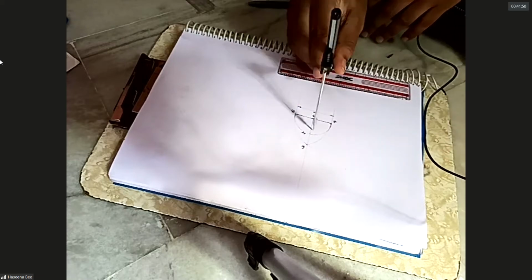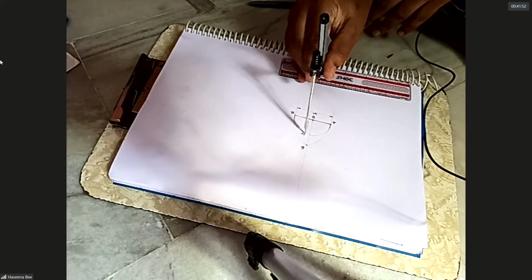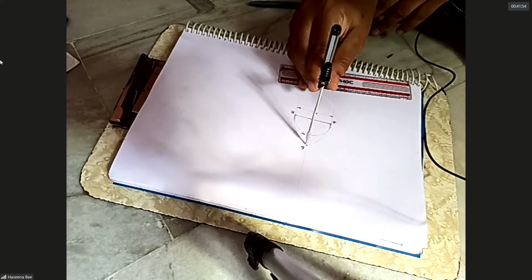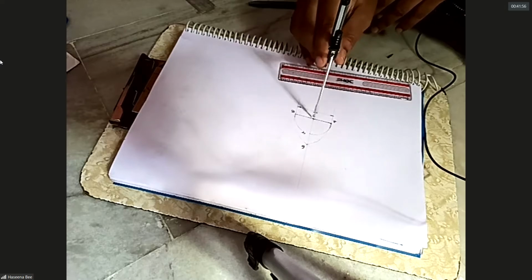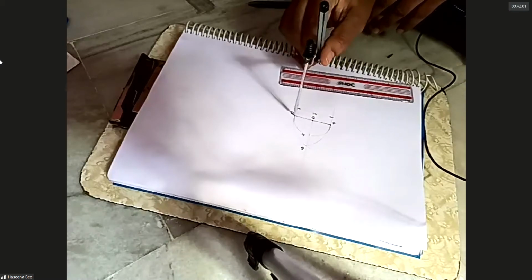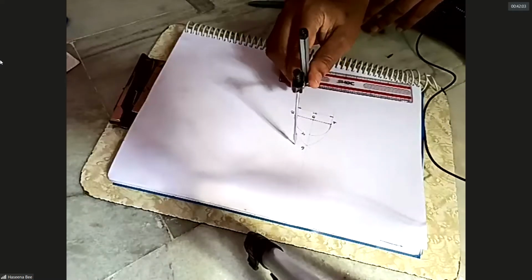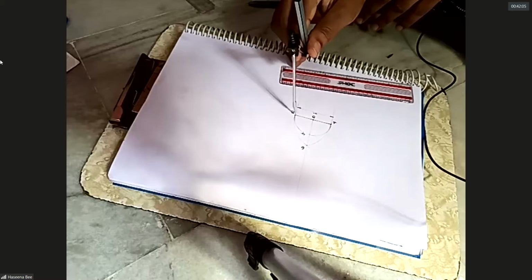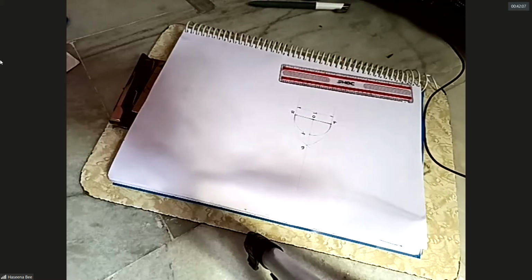For the half radius you take the center as O and draw the semicircle. For this bigger arc, you select the center A or B. That intersection point gives you 6.